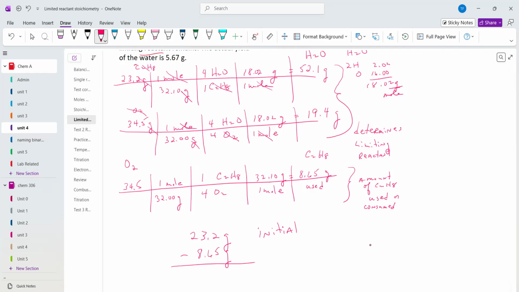So the excess is going to be subtraction. So we had a little over 14 grams in excess.